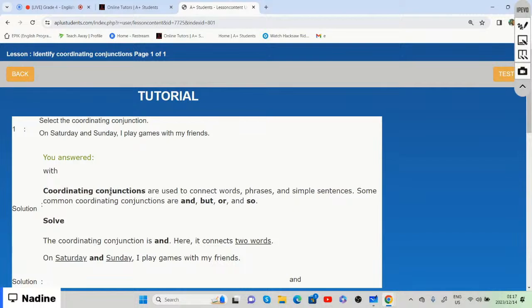We said coordinating conjunctions are used to connect words, phrases, as well as simple sentences. Some common coordinating conjunctions are and, but, or, so.